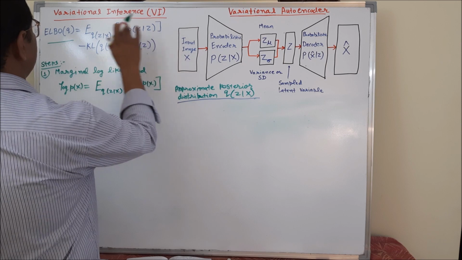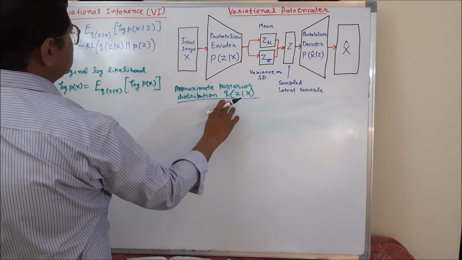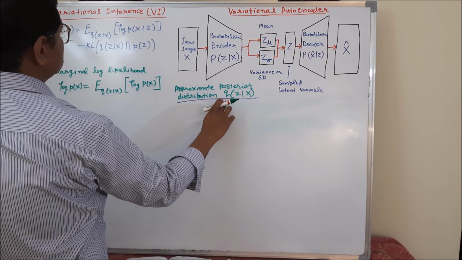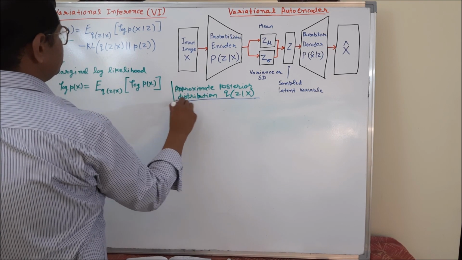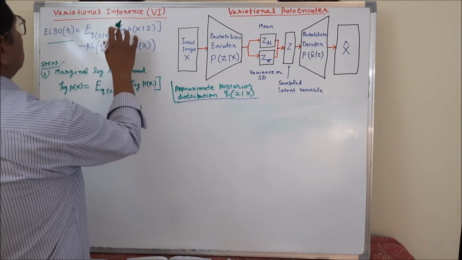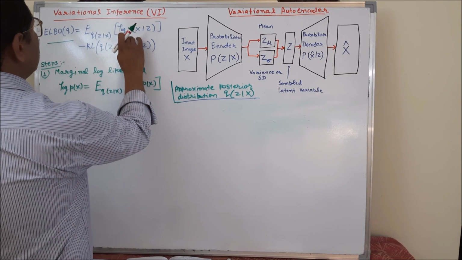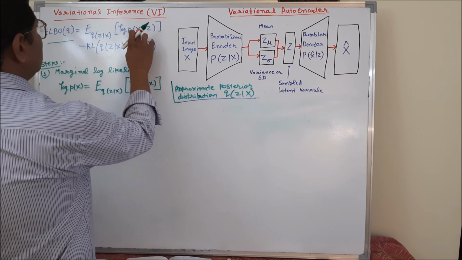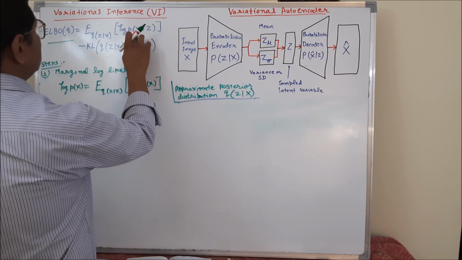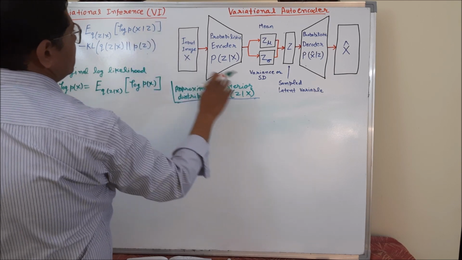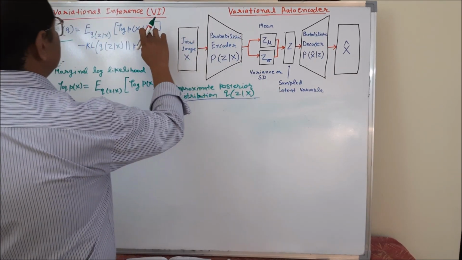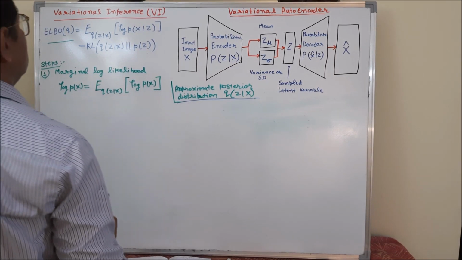The first part is the expectation, using the approximate posterior distribution, of the log likelihood of the data given the sample latent variable.